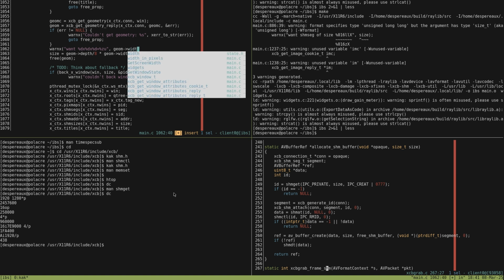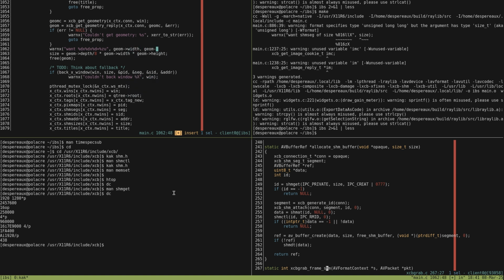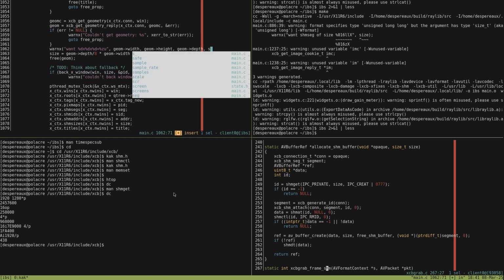Geom width, geom height, geom depth, size.